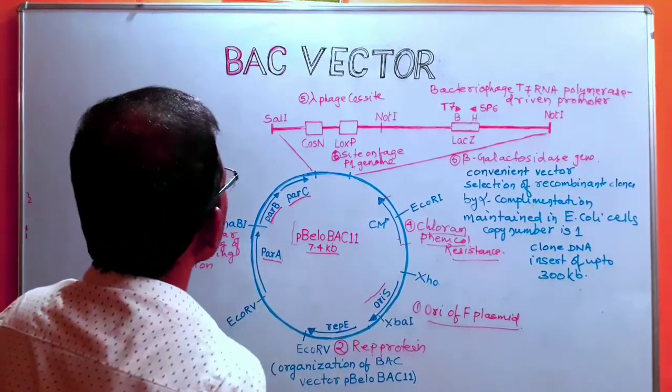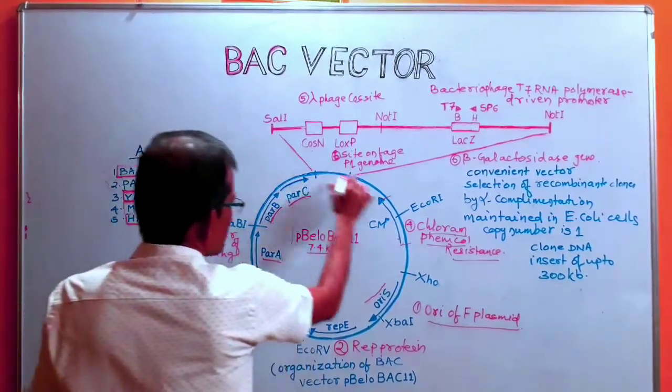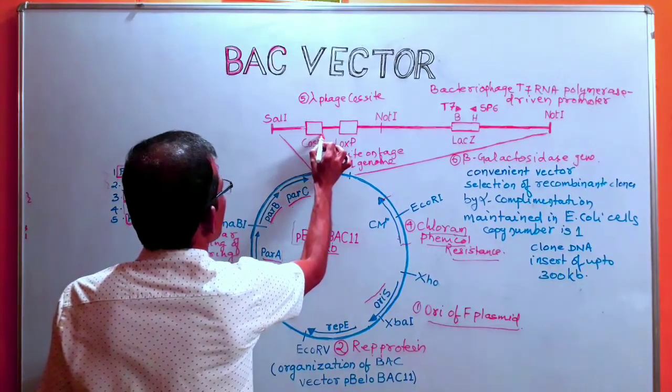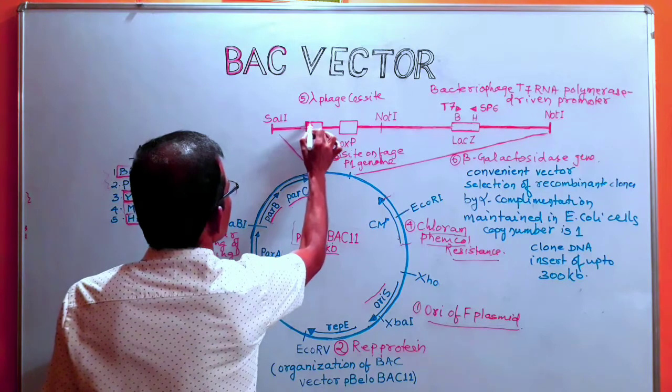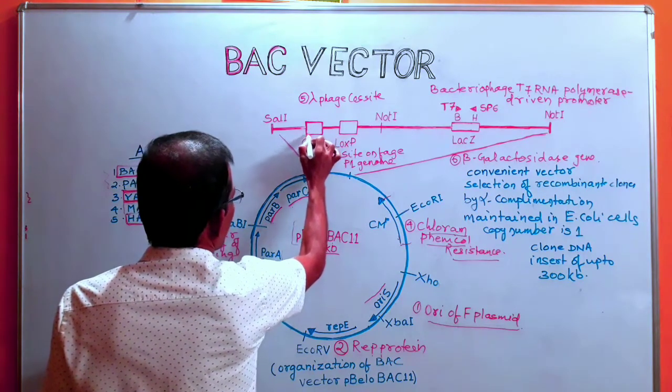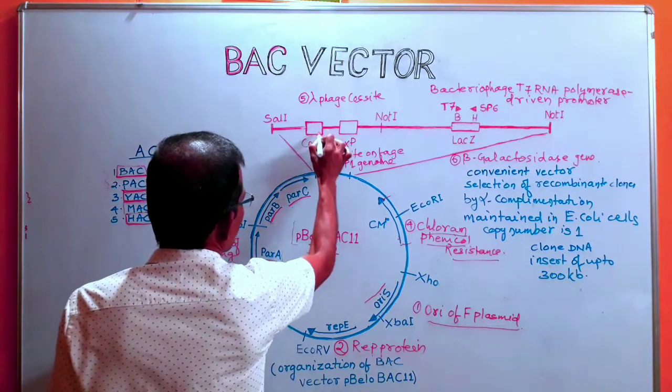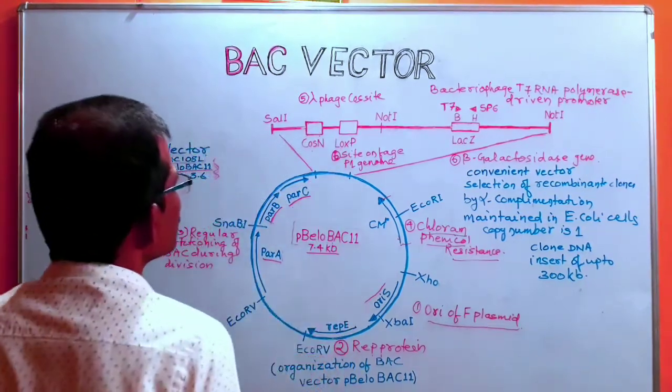Fifth functional module is a sequence known as cosN. This cosN is the lambda phage cos site.